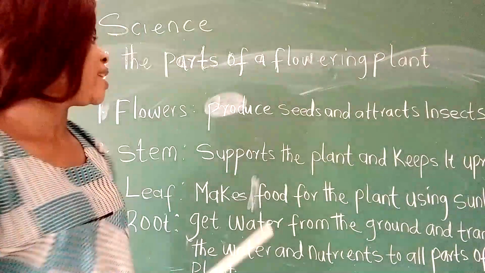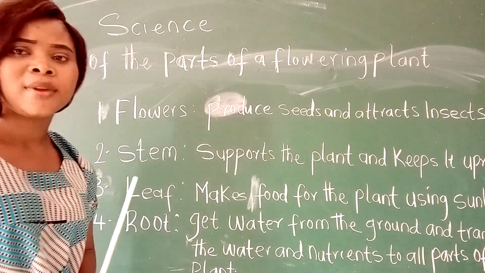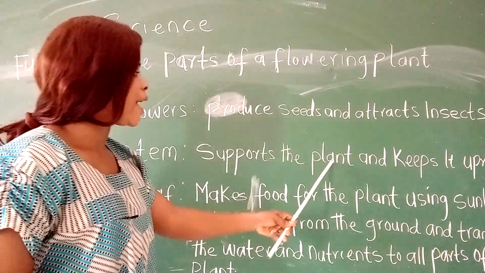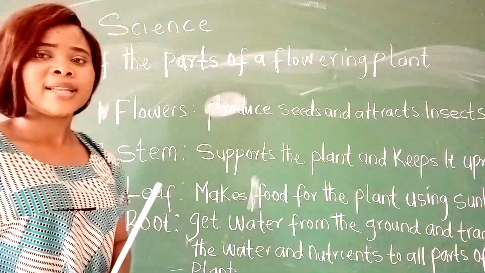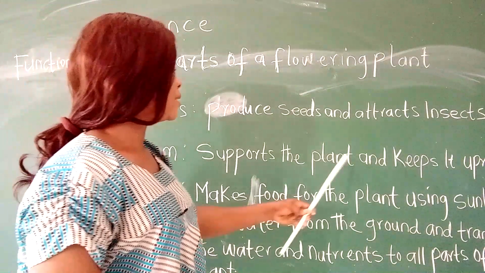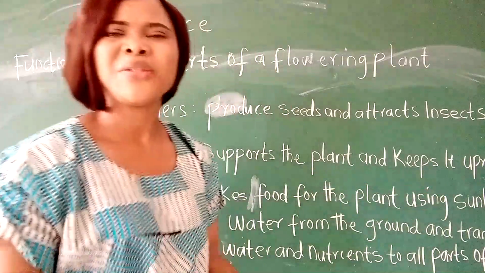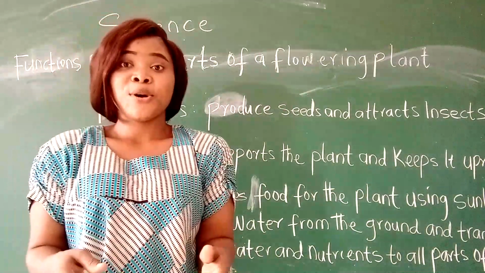So let's go over to the next one, which is the stem. We said that the stem supports the plant and keeps it upright. How does it do this? Look at yourself. You can stand up.